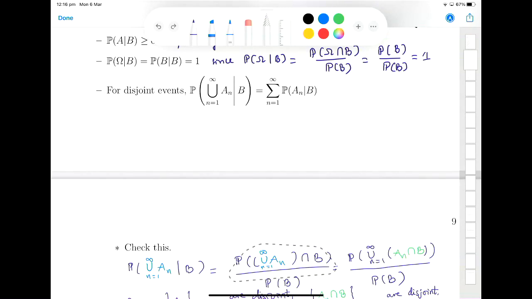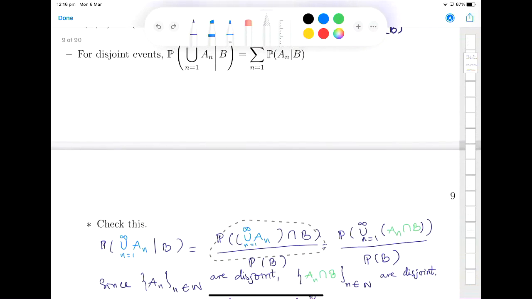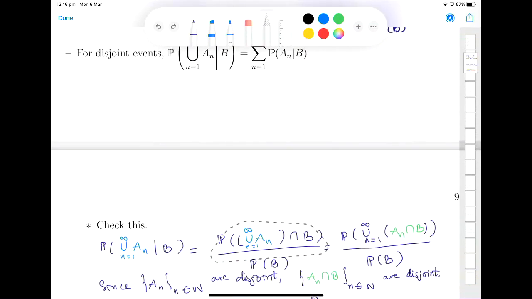At the top here is the probability of union of A_n intersect with B. So I write in green color. Now imagine that the green color is just one set. And then you see that all of the green sets are disjoint, because you have A_n disjoint.